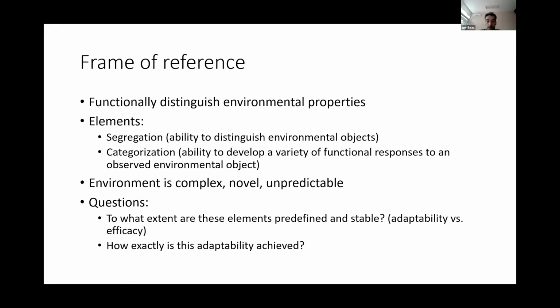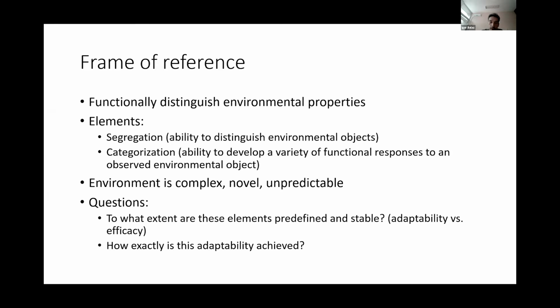And of course, the real-world environment is extremely complex, and that's why quite unpredictable and with a high probability of novel and unexpected things happening. So the question is, if we have those elements, segregation and categorization, to what extent they are stable, and also how exactly such adaptability can be achieved.